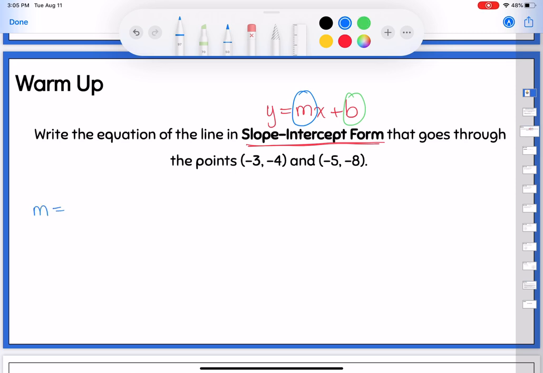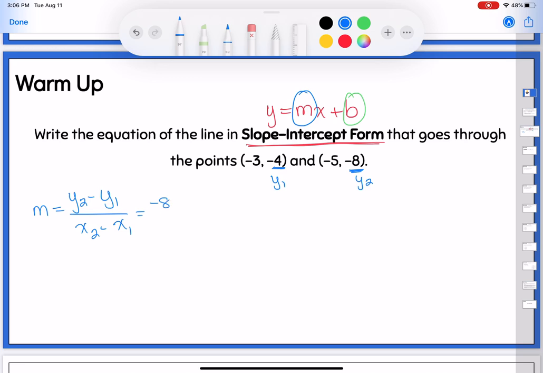Now remember, the slope formula is y2 minus y1, or I'm going to subtract my y's, over x2 minus x1. I'm going to subtract my x's. And whichever y value I pick to go first on the top, I have to have that x value go first on the bottom. So we're going to call this y2, and this will be y1.